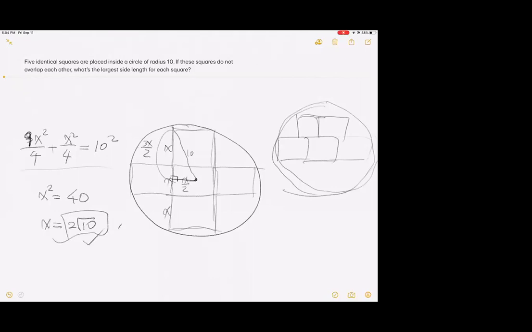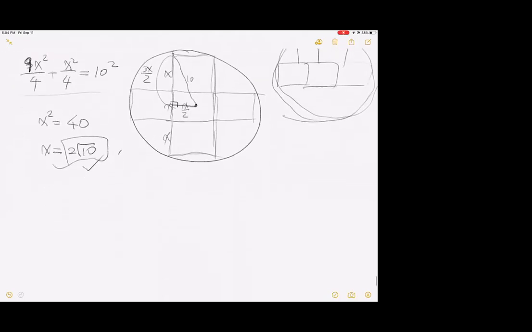How do we know this is the way to place these 5 squares? Well, symmetric, I guess. Symmetric, okay. No, not really. If I wanted you to put 3 squares in a circle, would you put it this way? No. Right, so how do we know this is the largest?